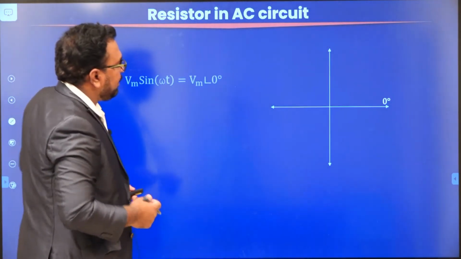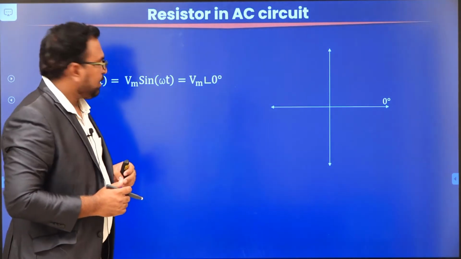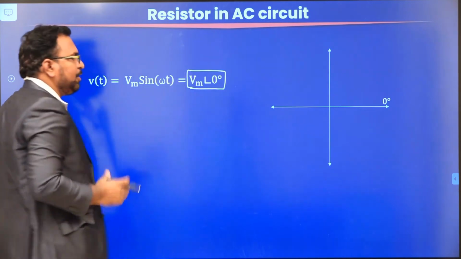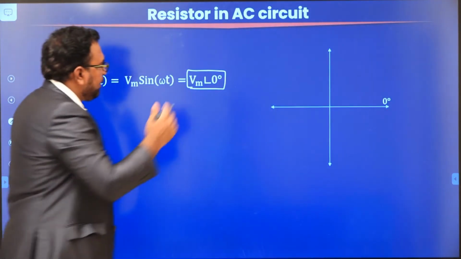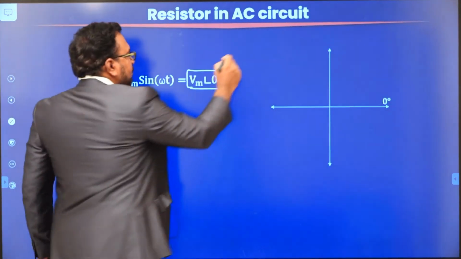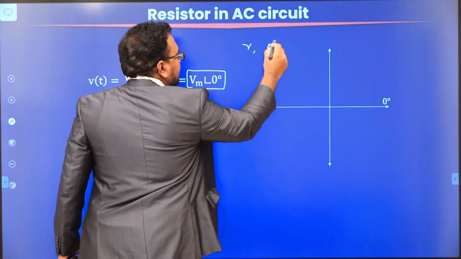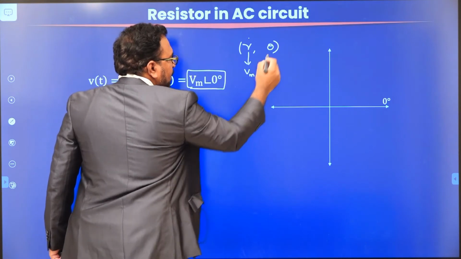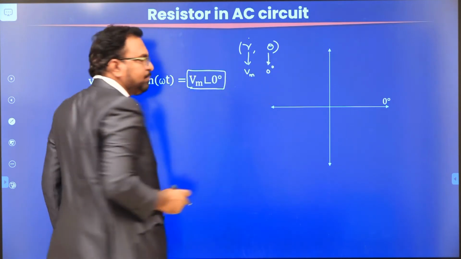Here, in the case of a resistor, we got the voltage expression as Vm at 0 degrees. How will you represent this as a phasor? A phasor contains two coordinates: one is magnitude, another is phase angle. So what is the magnitude here? The magnitude is Vm and theta is 0 degrees.